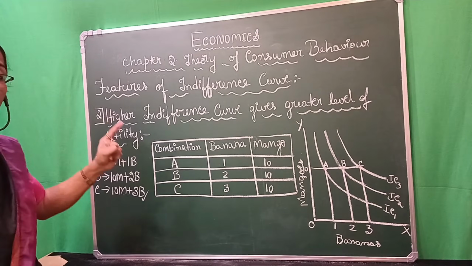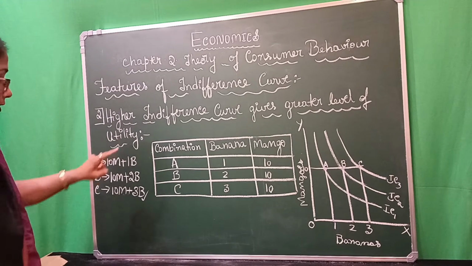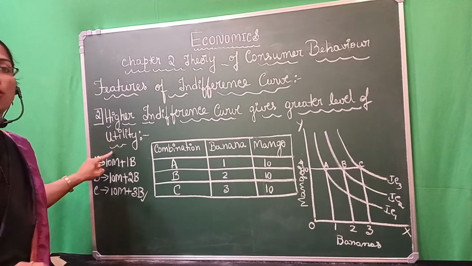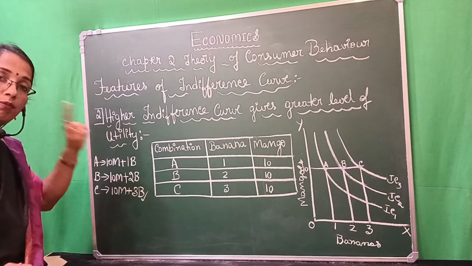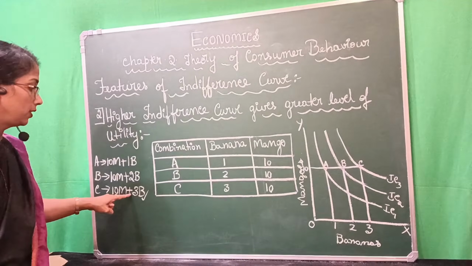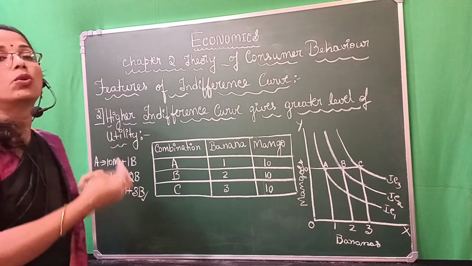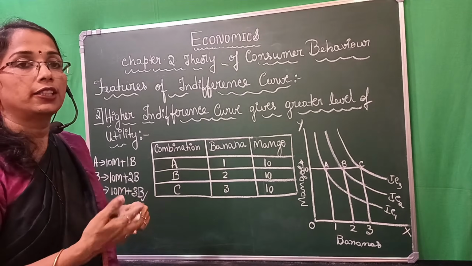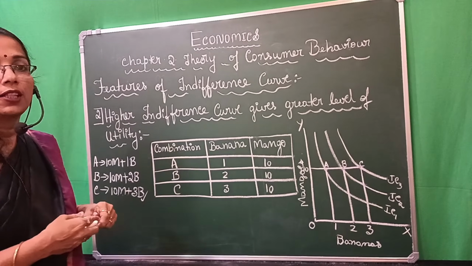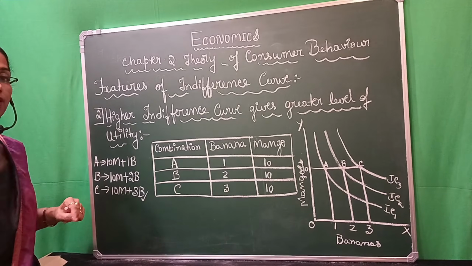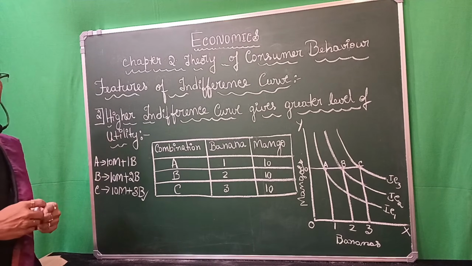So a rational consumer always prefers this combination among these 3 combinations because it gives a higher level of satisfaction. That is called monotonic preference, which we have also seen in the previous video.